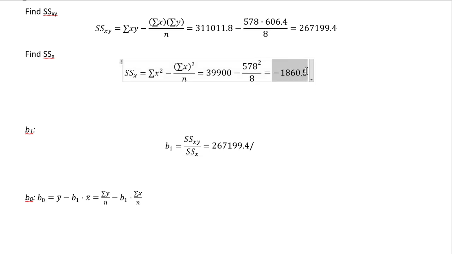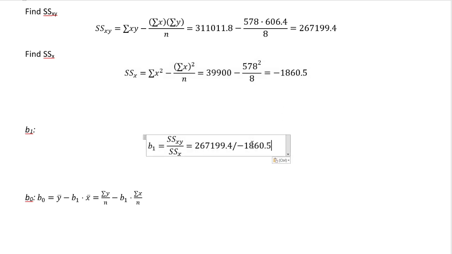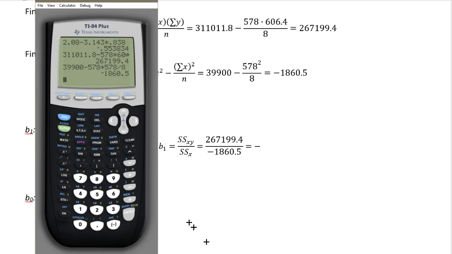Very convenient. And by the way, the negatives sometimes don't go well with the calculator, so I'll just divide by the positive 1860.5, but then put the minus later. So remember, this outcome will be a minus, and then we have 267,199.4 divided by 1860.5, and you get 143.617.